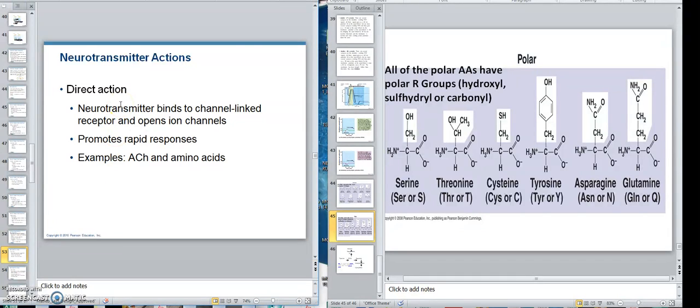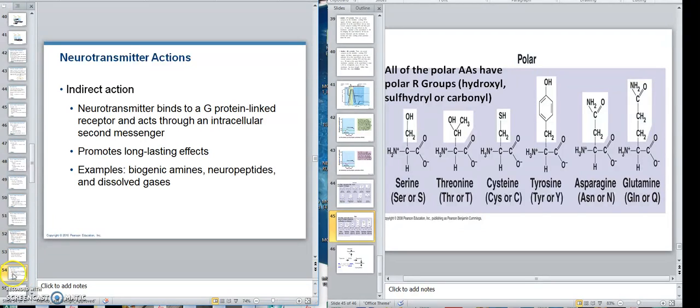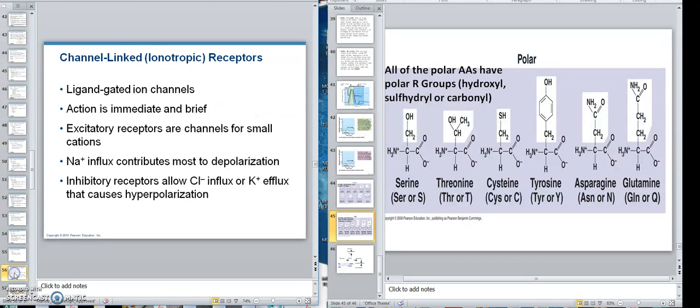In other words, the neurotransmitter sits there and opens up the gate directly, or closes the gate directly. The indirect means it gets in there, but it has to turn on a secondary messenger to do the job. It has to go internal.